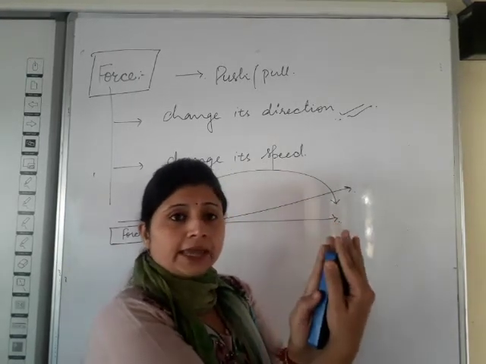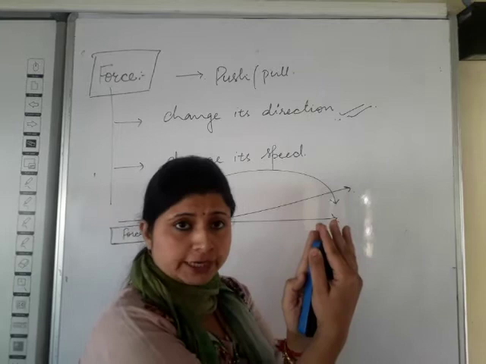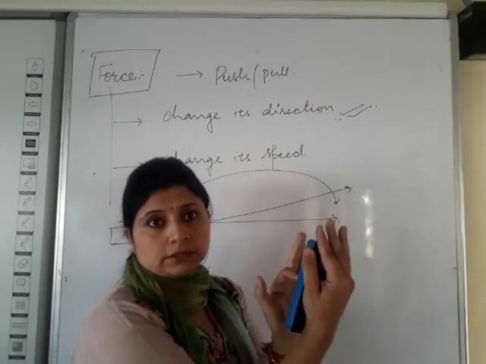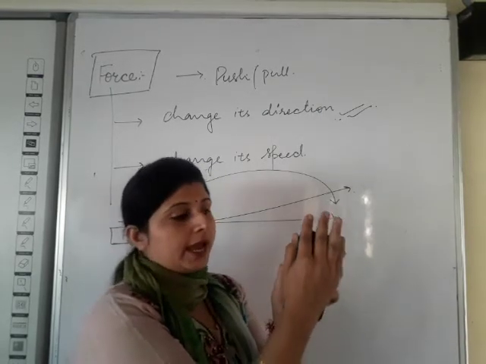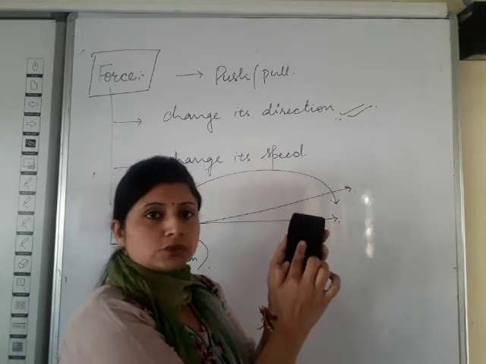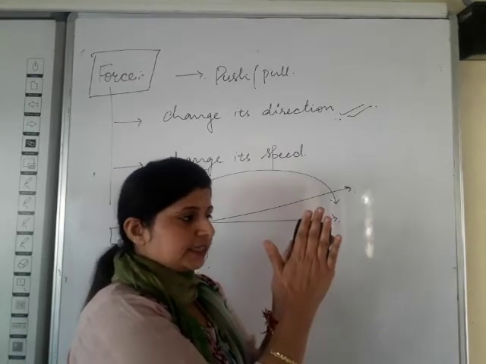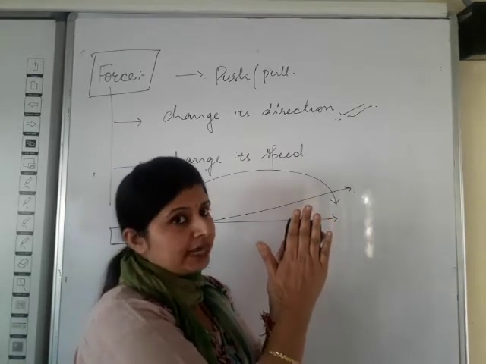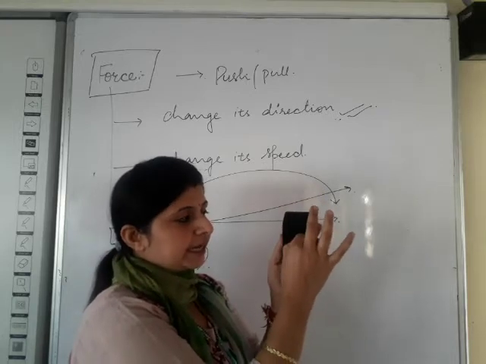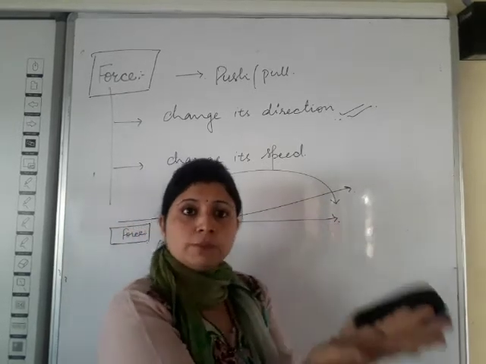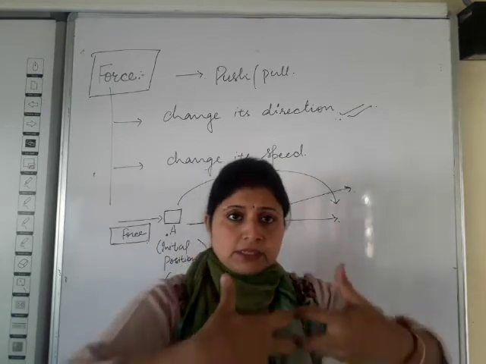If I apply greater force on it, it may break. It depends on the object. And from this side, it is spongy, it is soft. If I press it, it will become flat. And when I remove the force, it will again come back to its normal position, like a rubber band.